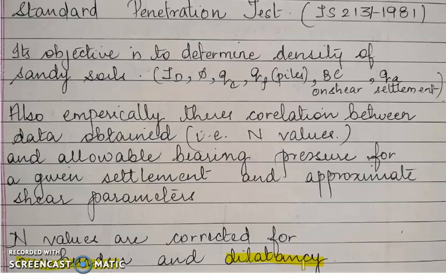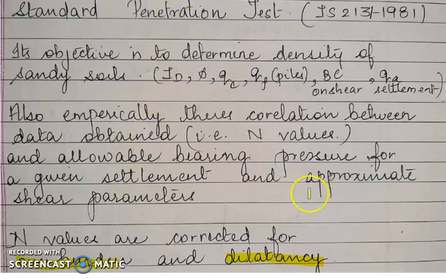And second is overburden correction. Now, what do you mean by overburden correction? Let's say I'm trying to find out the N value at 7 meters depth. When I'm trying to pass the sampler through 7 meters depth, there will be some resistance or some kind of strength exhibited by that soil because of the entire soil layer.